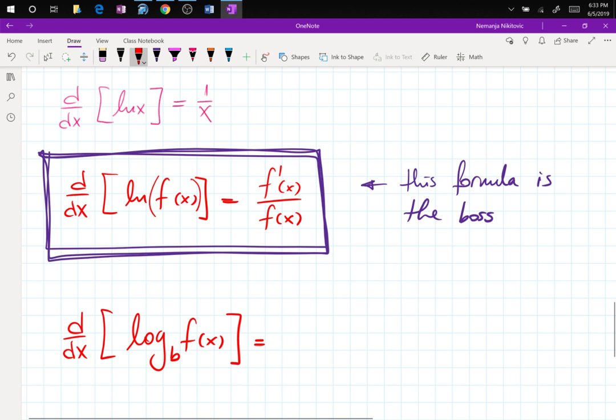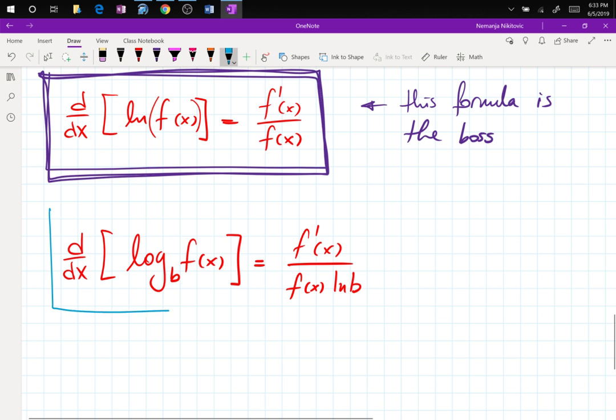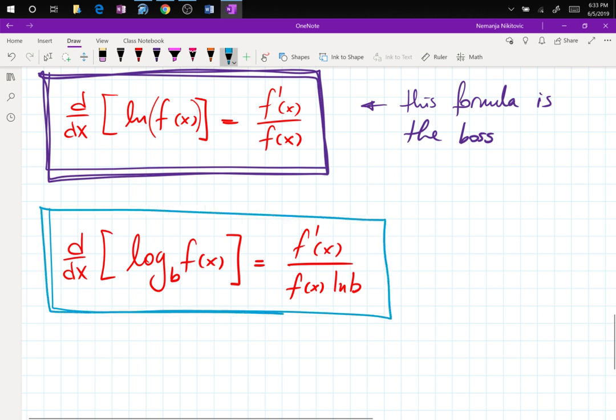So this formula, yes, it's the general case, but it's very rare to see it used. It's the same as what you had before, f prime of x divided by f of x, except you will have ln b added in the denominator.